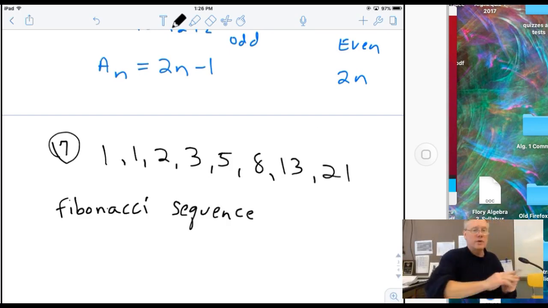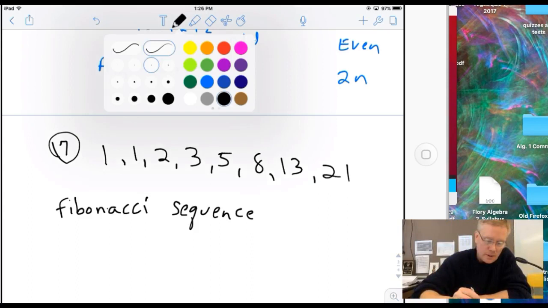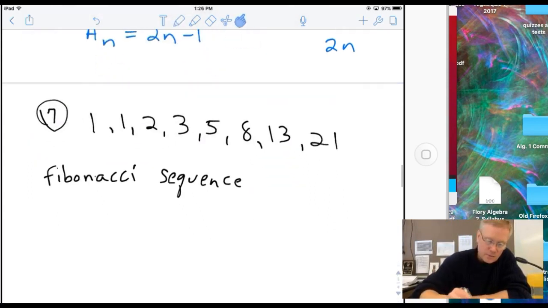The reason why it's the most famous one in history is because it shows up in nature. It shows up in pine cones, and it also shows up in sunflowers. If you count the bumps on the pine cones, you find this Fibonacci sequence, and because of that, it's the most famous one in history.